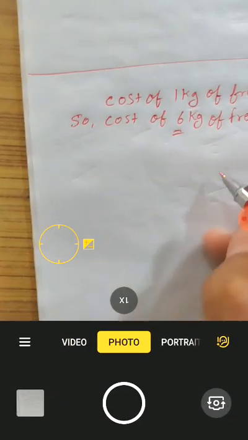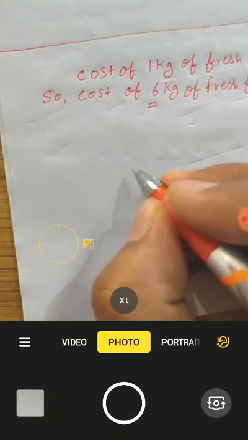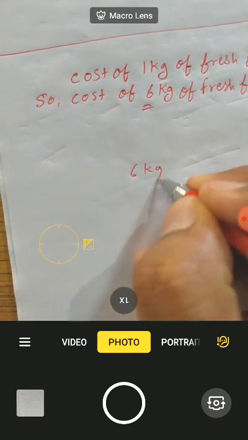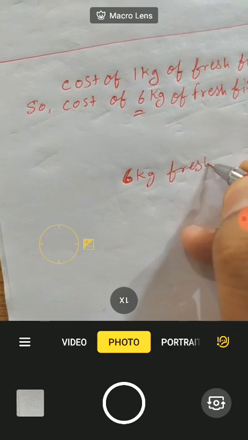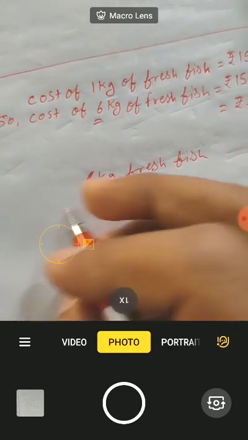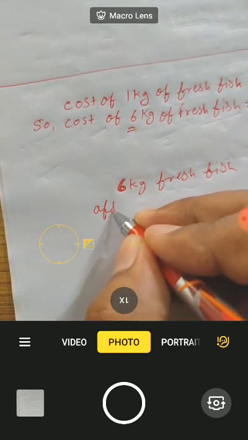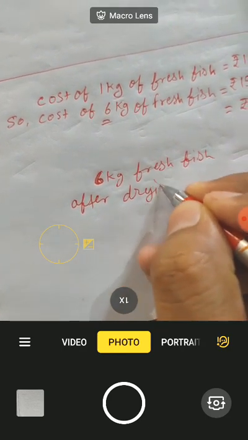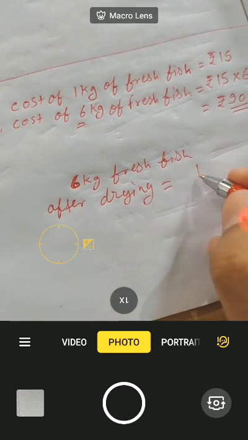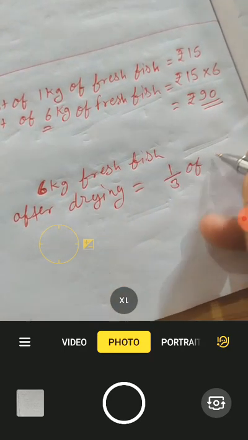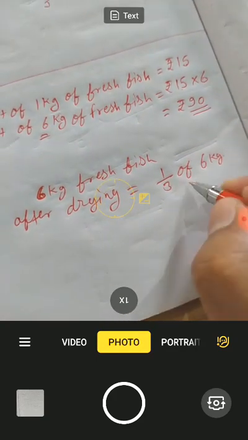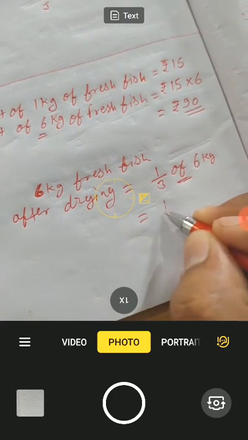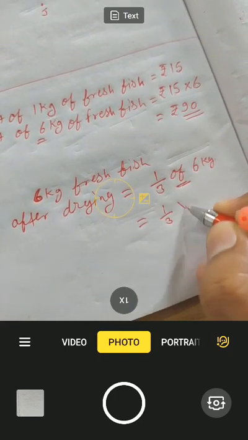As we know, 6 kg of fresh fish after drying becomes 1/3 of 6 kg. Is it clear? And what does this "of" mean? Here, "of" means multiplication.